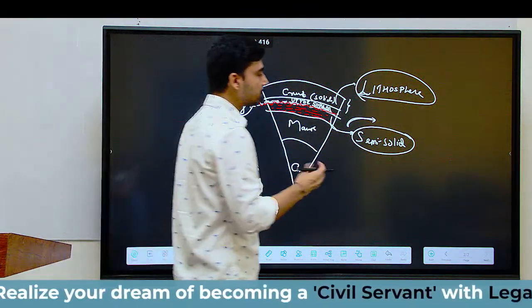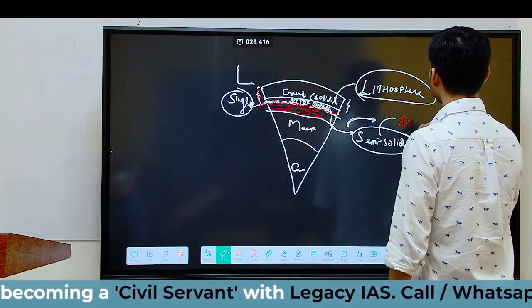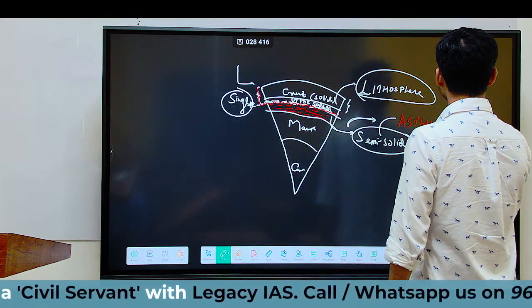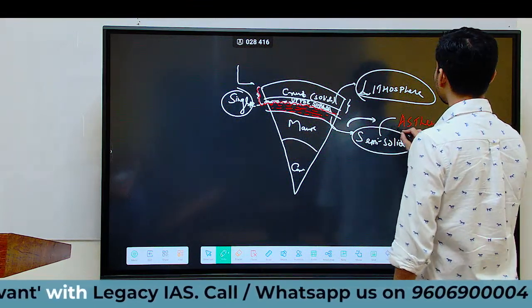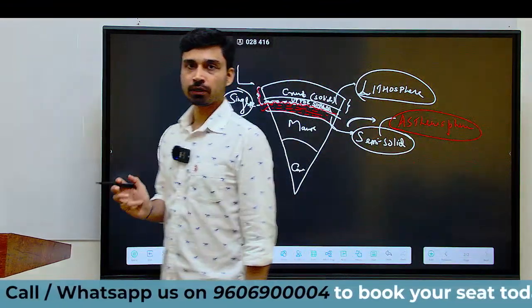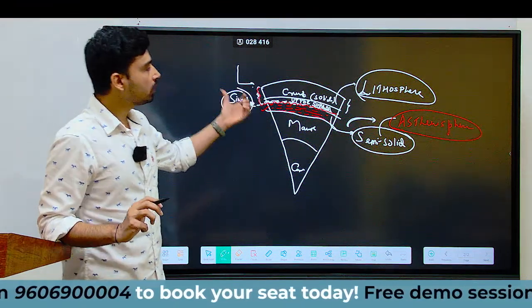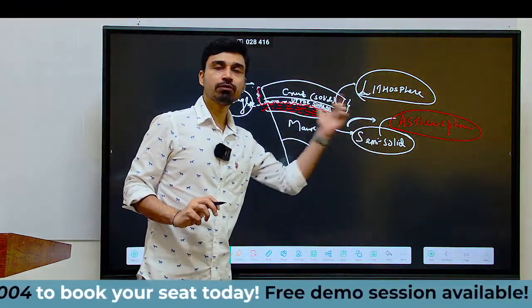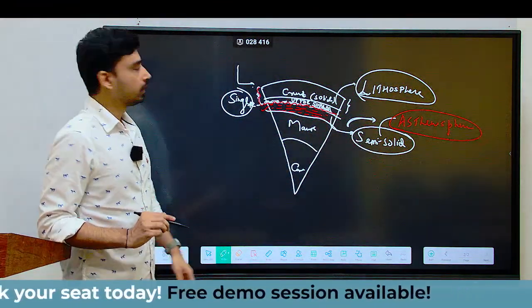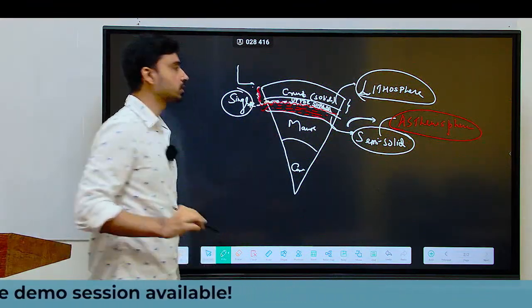This semi-solid layer was given the name asthenosphere. So we have two layers: the upper layer, the lithosphere, and the lower layer, the asthenosphere. The lithosphere is moving over the weak, semi-solid asthenosphere.